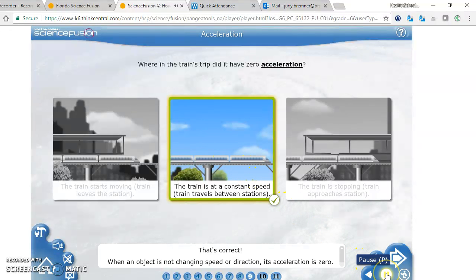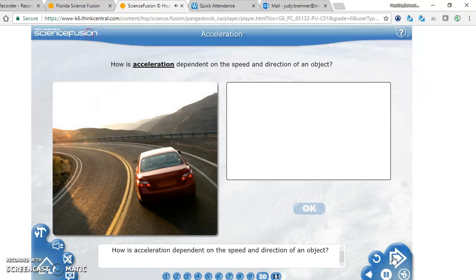When an object is not changing in speed or direction, its acceleration is 0. How is acceleration dependent on the speed and the direction of an object? Acceleration is calculated by the final velocity minus the initial velocity divided by the time. Velocity can change as a result of a change in direction.